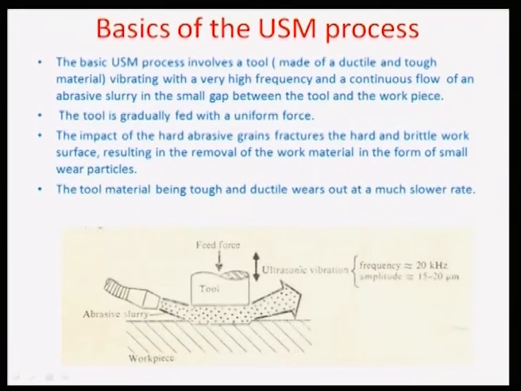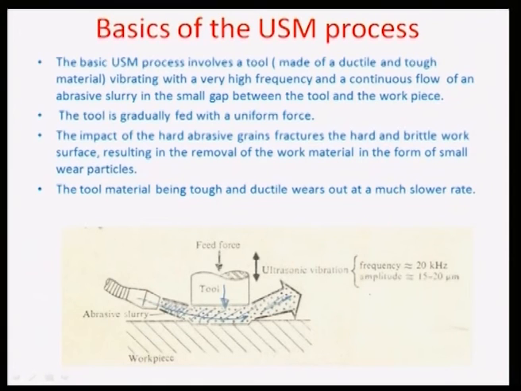So, this is how the process looks. You have a tool head which comes and strikes on the slurry. The slurry is moved between the workpiece and the tool head at a certain rate, and the slurry typically contains a mixture of abrasives and water. This tool head forces down at a certain frequency and squeezes the abrasive grain against the workpiece, thus causing brittle fracture.